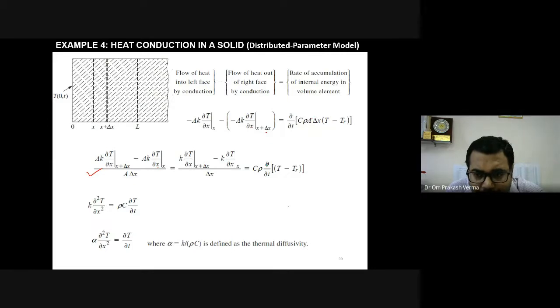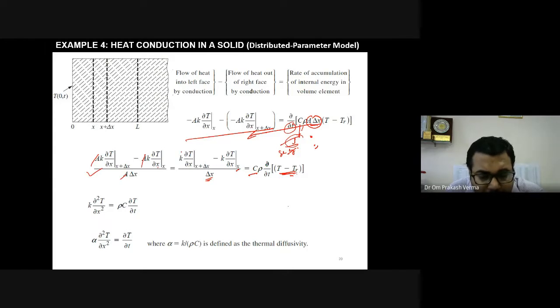If you define A delta x in the denominator, the remaining things become C rho del T by del t, with T minus T reference, a reference temperature. Now A cancels in numerator and denominator. The remaining things become k del T by del x at x plus delta x minus k del T by del x at x, divided by delta x.